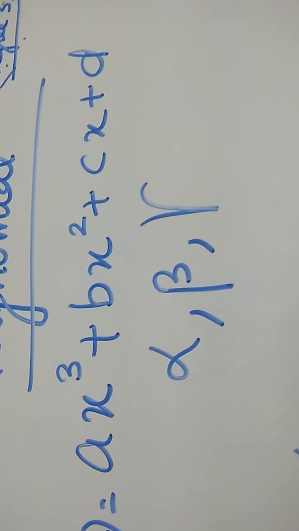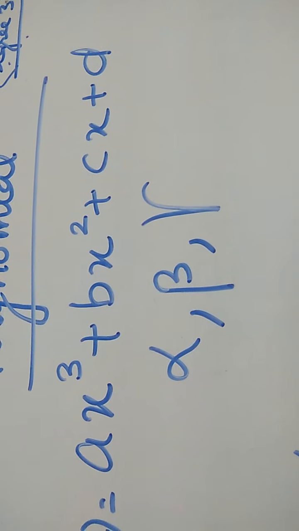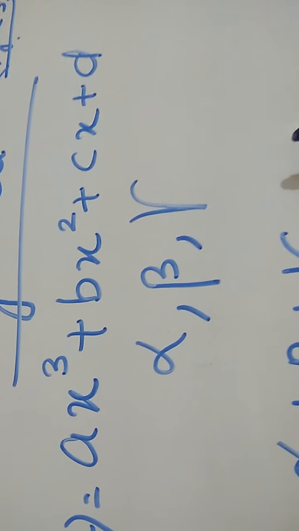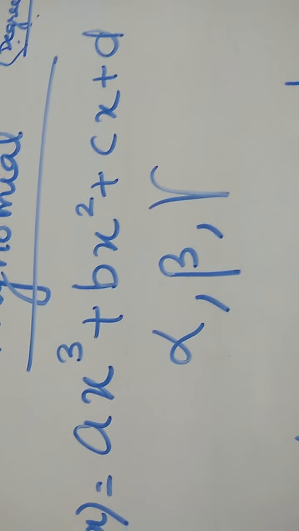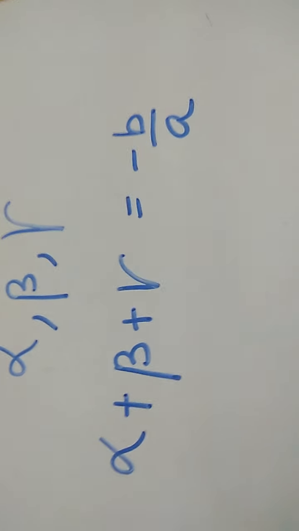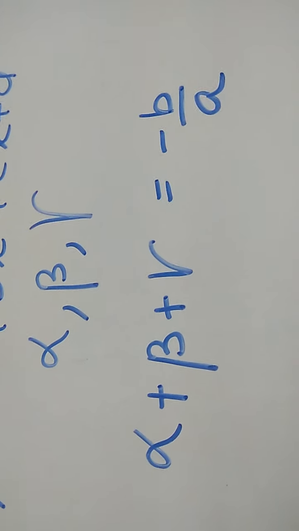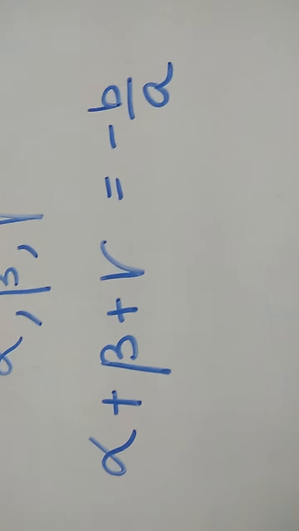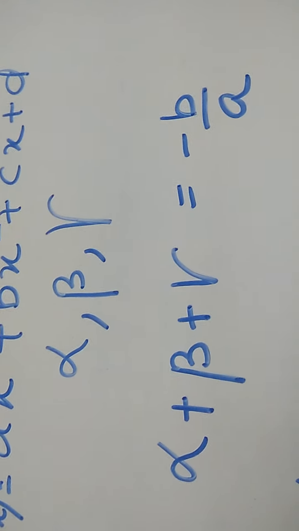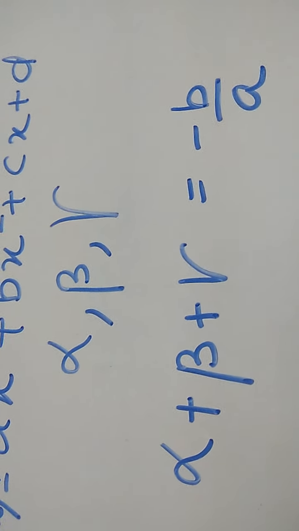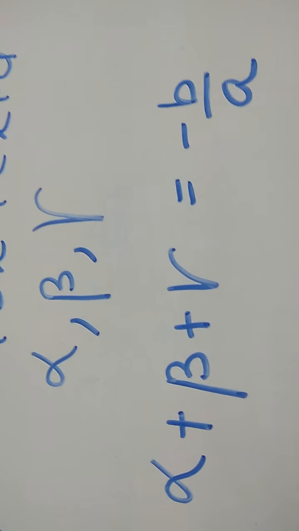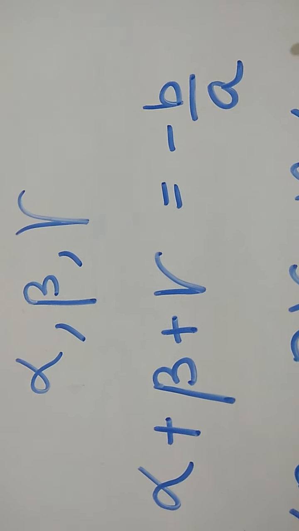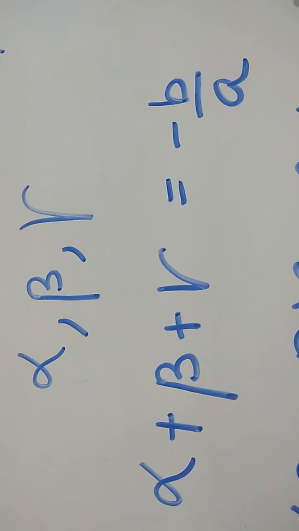the sum of the roots alpha, beta and gamma is equal to minus b by a. Then the sum of the products of the zeros taken 2 at a time, alpha beta plus beta gamma plus gamma alpha, is equal to c by a.